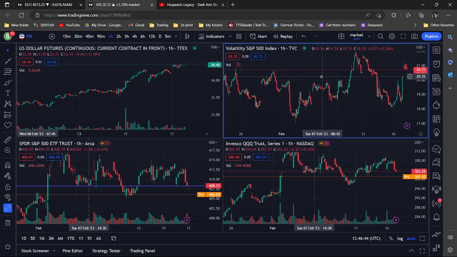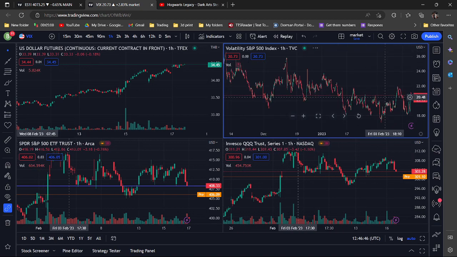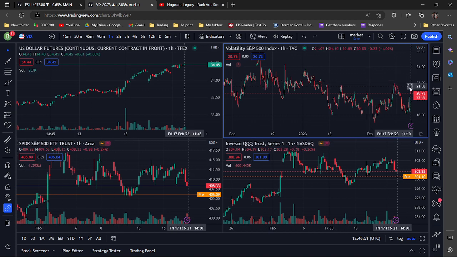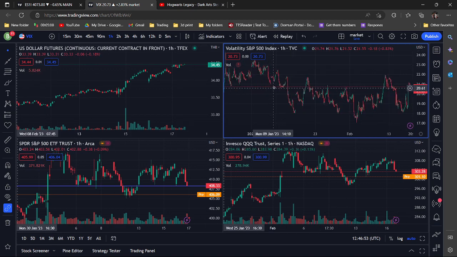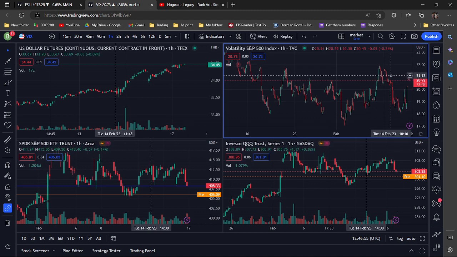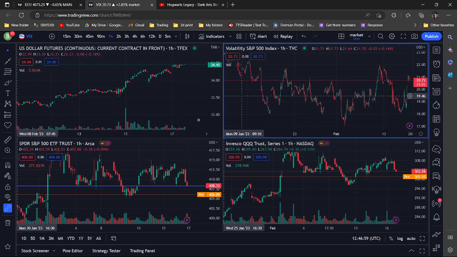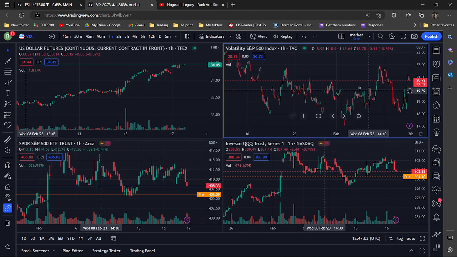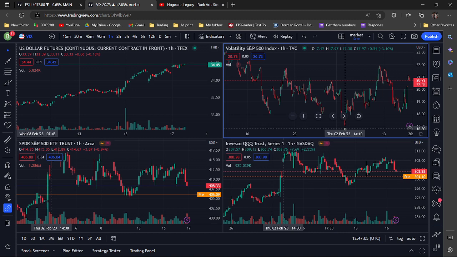You see, as we're dropping, we're coming back to these levels up here, the 2220 area. This is shown before where we've came up, and every time we rally up to it, we have been coming down here, and this is February 2nd.